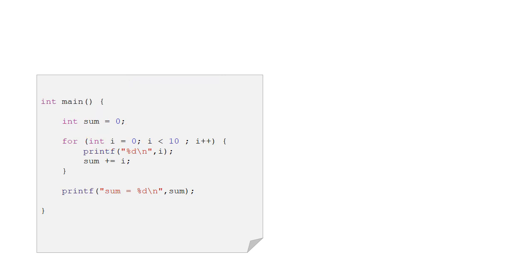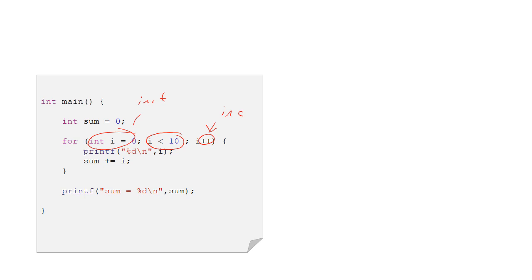Look at the syntax: we use the word for, and we've got these brackets here, and we've got our initialization, our conditional expression, and then our increment. So that's the increment, and this is the initialization.